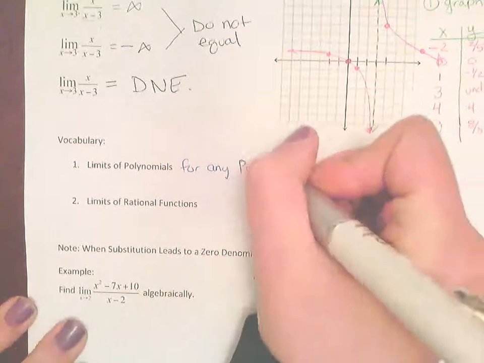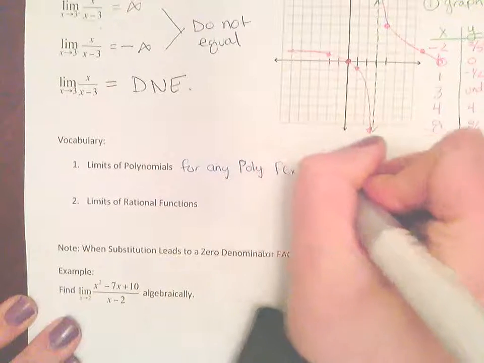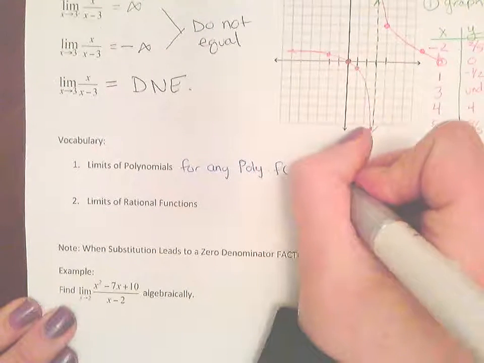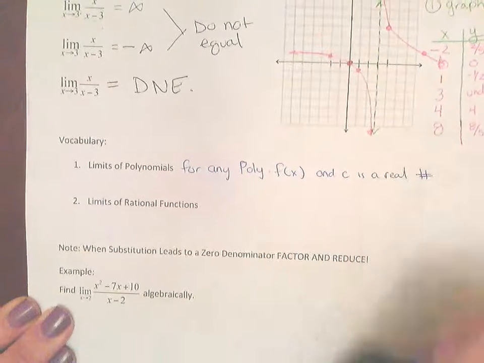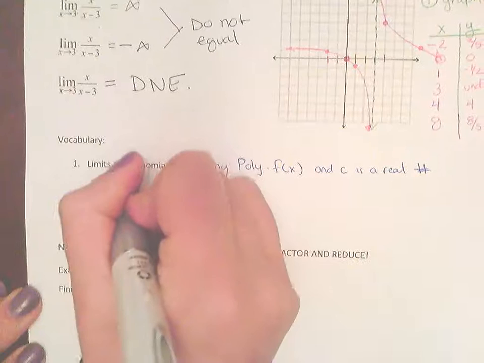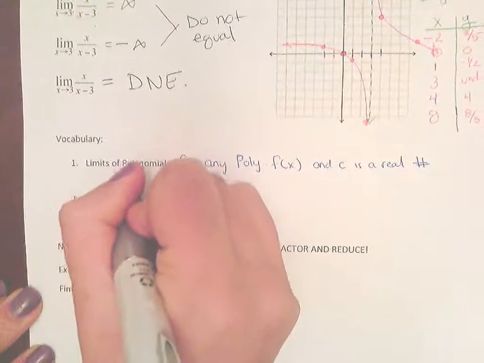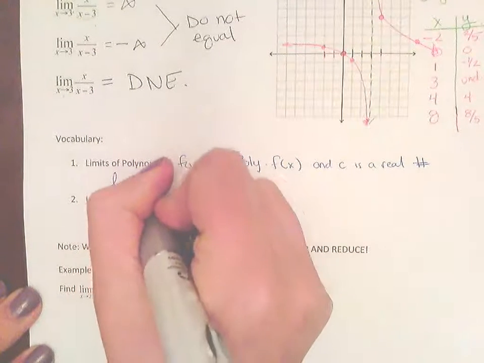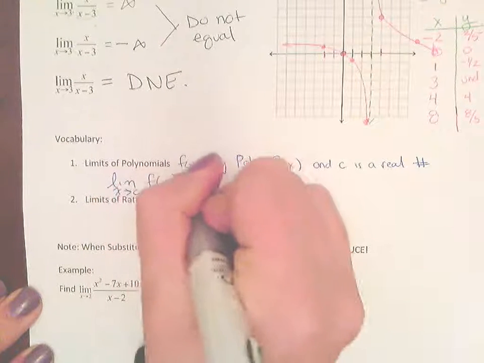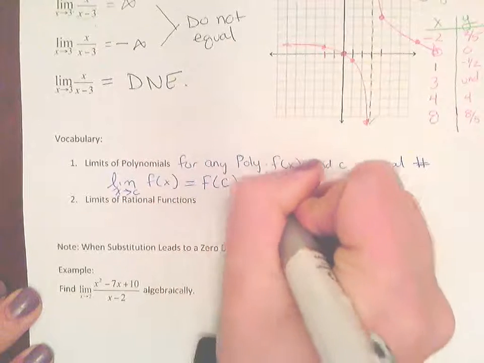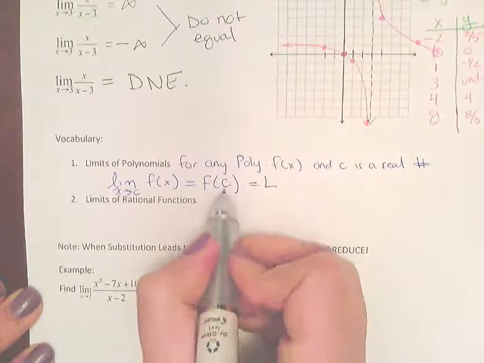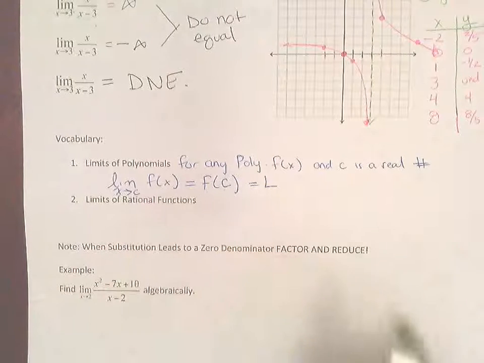For any polynomial f of x, and c is a real number, the limit as x approaches c of f of x is just f of c, which basically means plug in whatever your c is into the function. It's just substitution. It's just a fancy definition for something we're already doing.